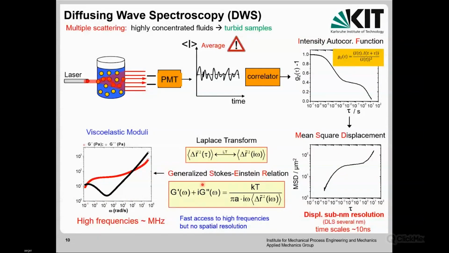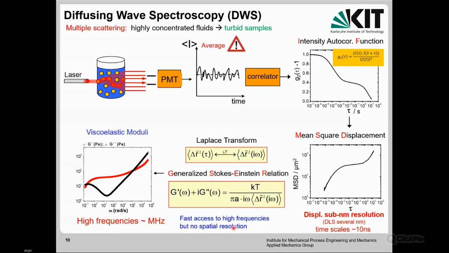We calculate J prime, J double prime from this curve. And you see a very nice behavior of a viscoelastic material in this high frequency regime up to the megahertz regime. So basically the conclusion is that DWS provides fast access to high frequencies, but the drawback is that you have no spatial resolution. You average the particle displacement.